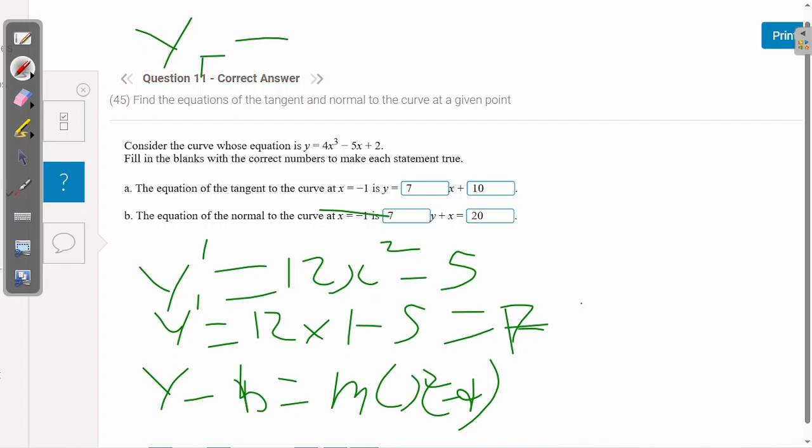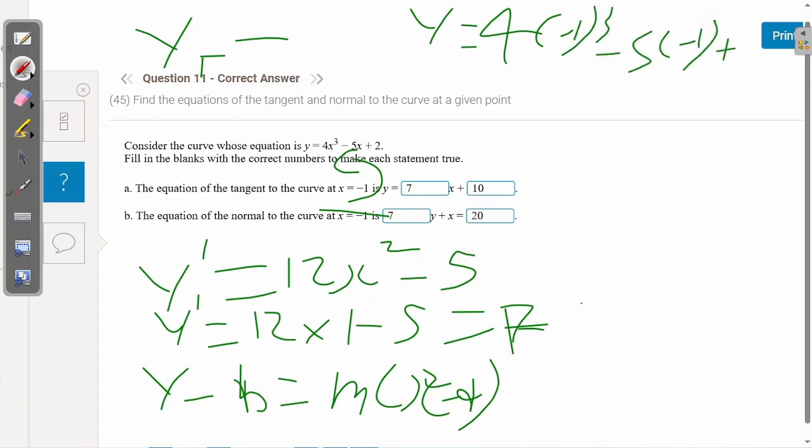So let's substitute in negative 1 here. So y is equal to 4 times negative 1 cubed minus 5 times negative 1 plus 2. We'll get negative 4 plus 5, which is 1, plus 2 equals 3.